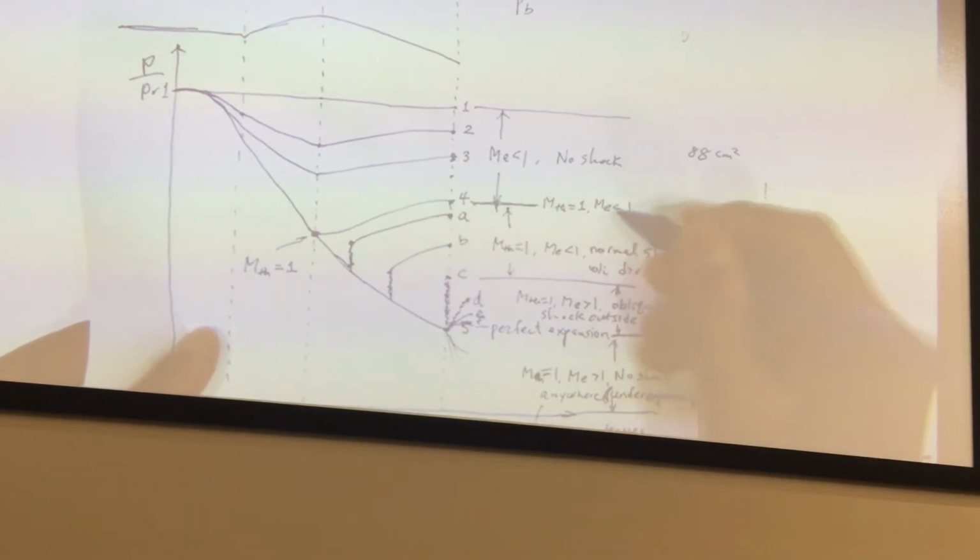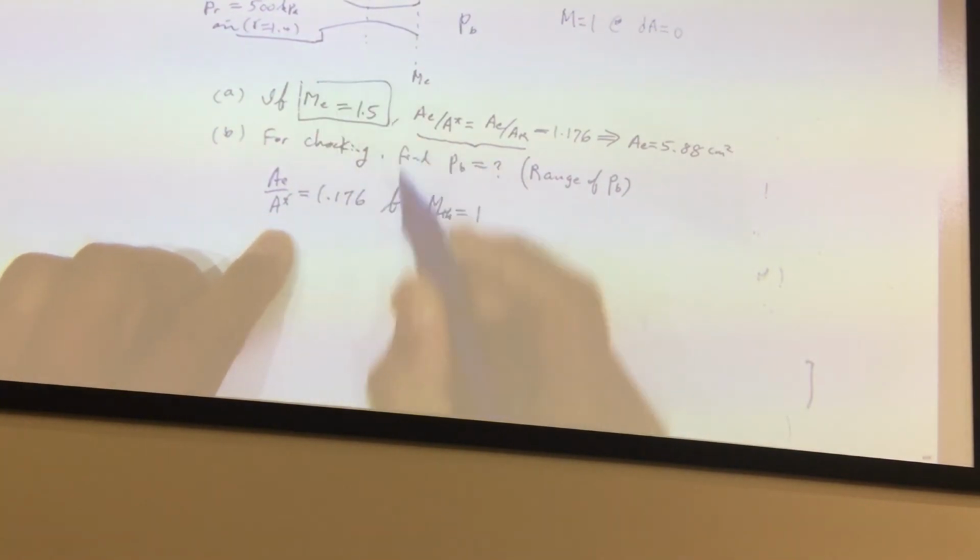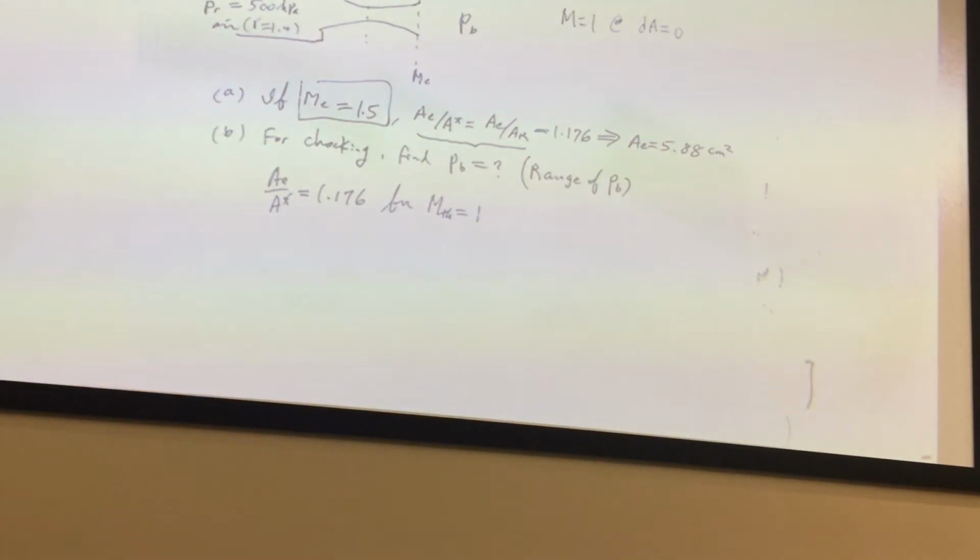So this is the maximum pressure at which you can have a choked nozzle. If you have a back pressure higher than that, you will not have a choked nozzle, right? So this is like a limiting condition. Once you calculate that, you say, hey, if back pressure is lower than that, you will have a choked nozzle. Make sense? So what you have here is a supersonic condition, and what you would have here is a subsonic condition.